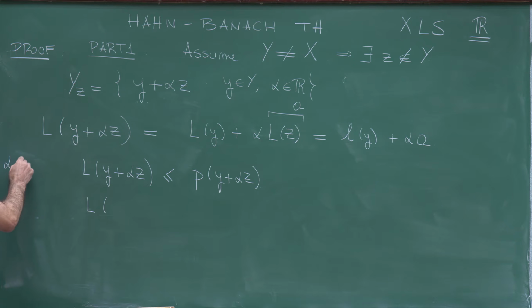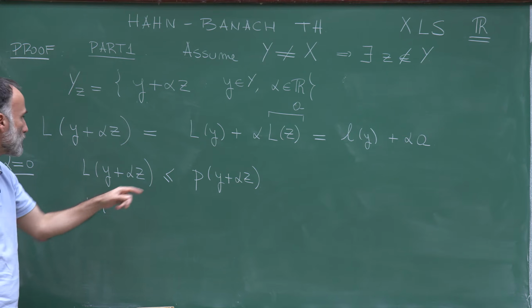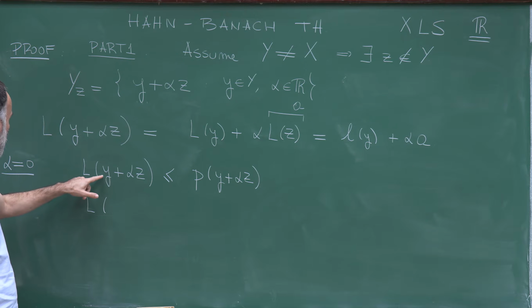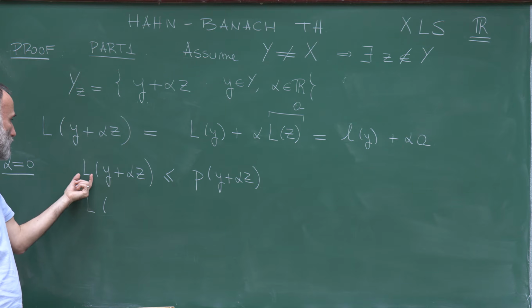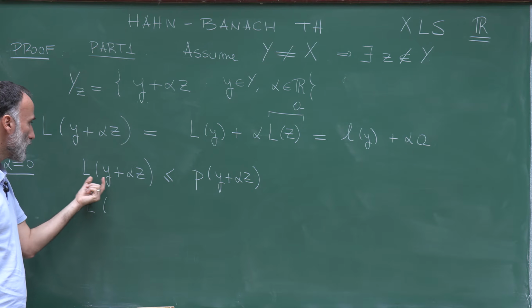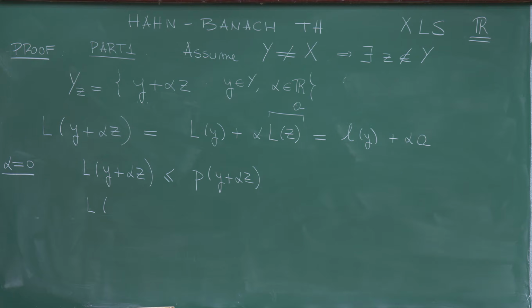Let's see, if alpha is equal to 0, this is always satisfied because I know that L on Y coincides with l. So if alpha is equal to 0, this is just small l of y, and small l of y is indeed less or equal than p of y. So I can take alpha non-zero.